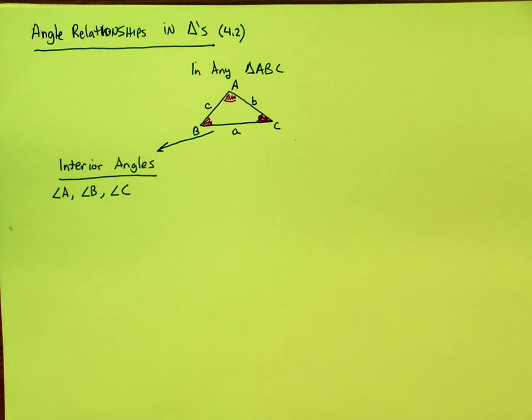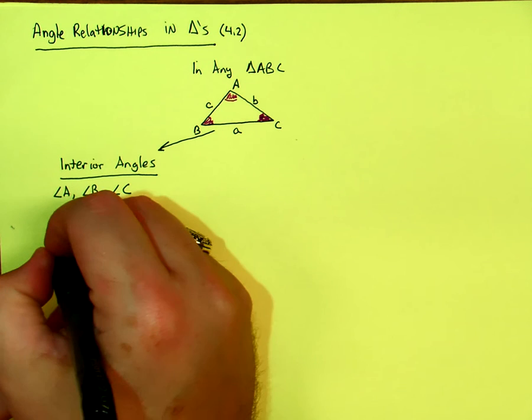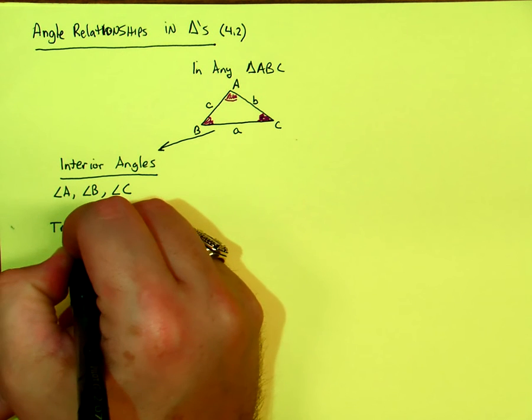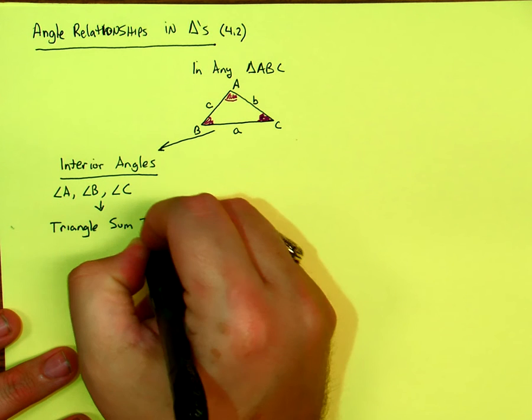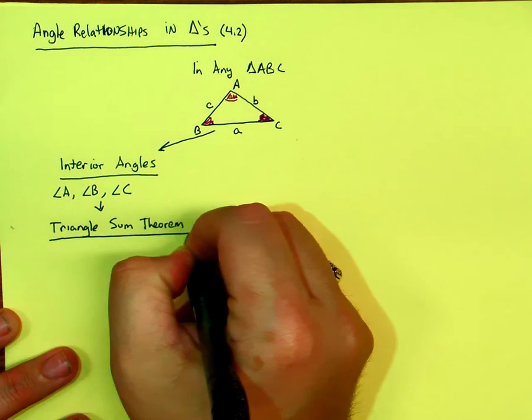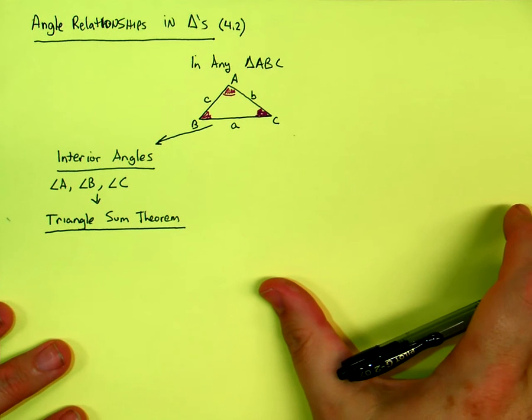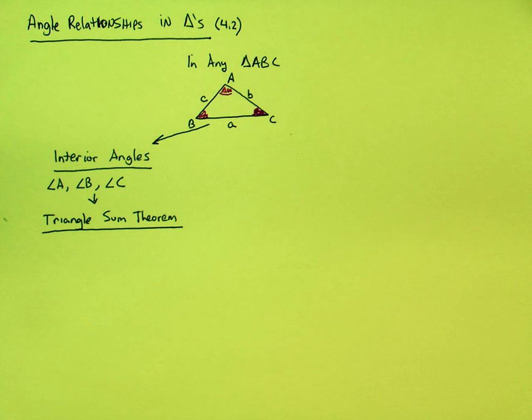So we can always go back and take a look at it. If we're dealing with the interior angles, there's a theorem called the triangle sum theorem. Now remember, with a theorem like this, do we accept it as true, or can we prove it?